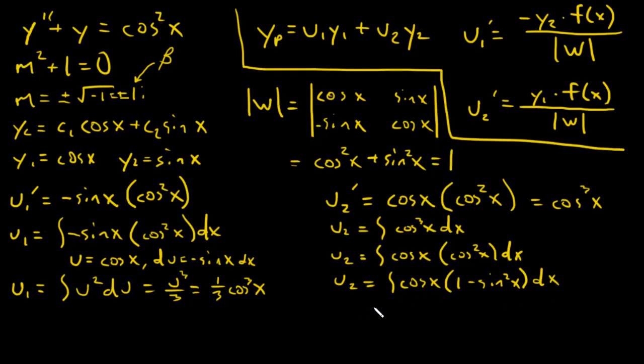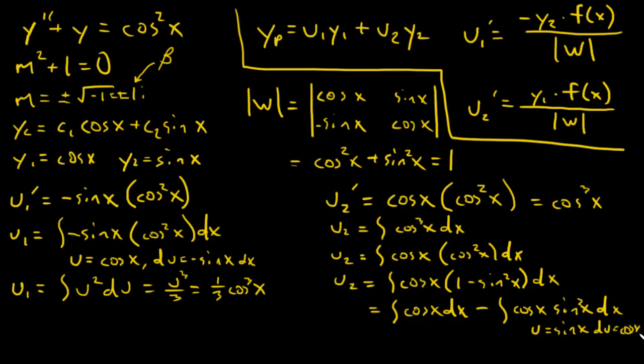Then we wind up with the integral of cosine x dx minus the integral of cosine x sine squared x dx. For this case, I'm going to make my u equal to sine x, which means that my du is equal to cosine x dx.